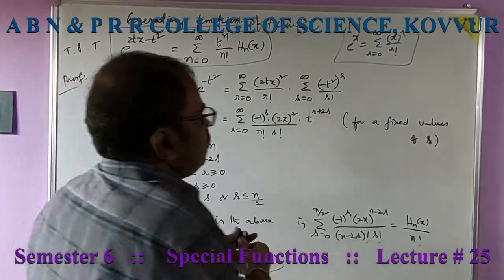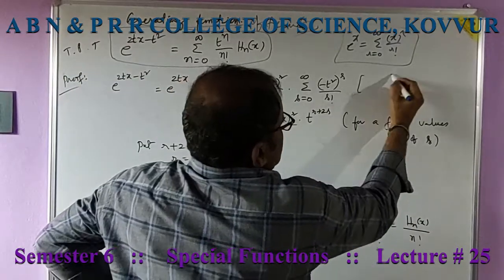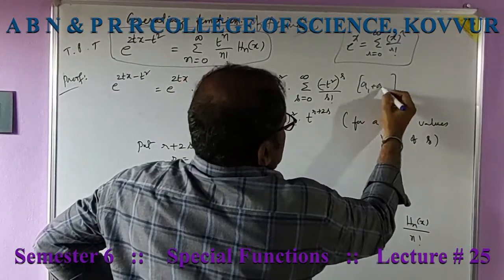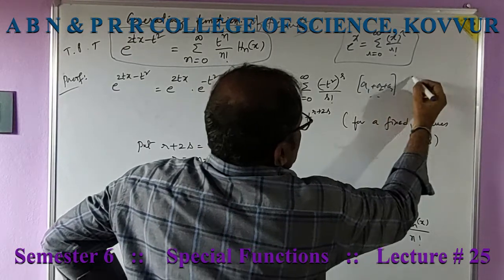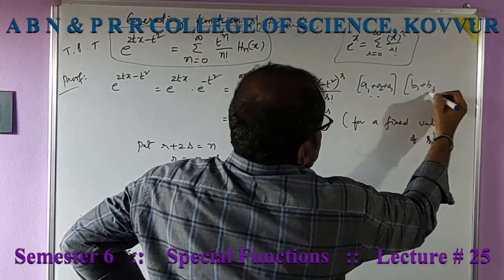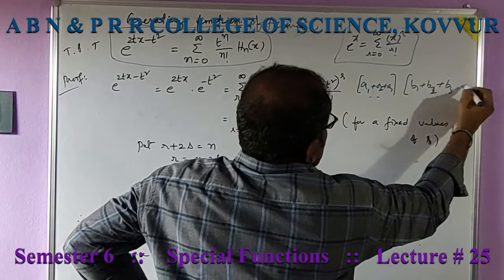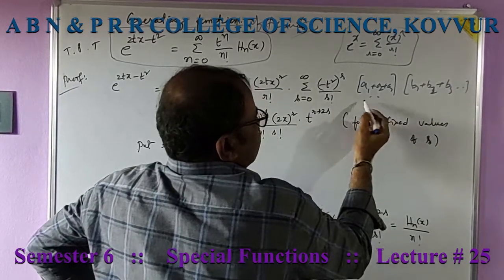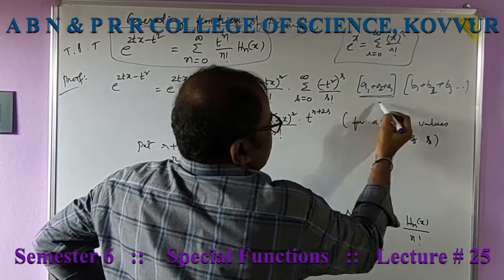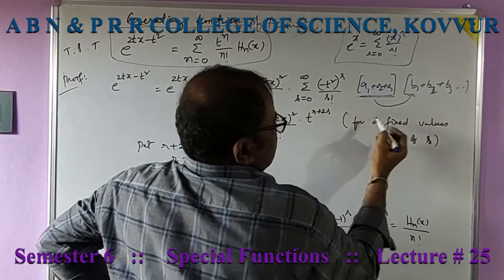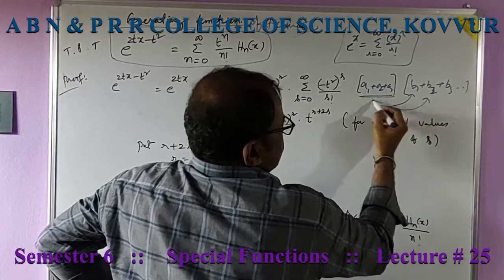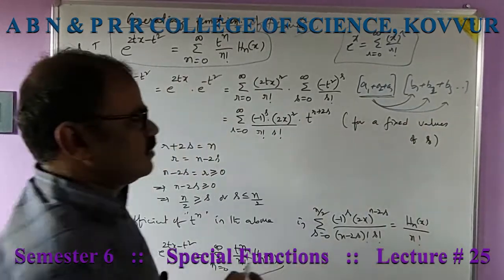In this summation, if we are to multiply two summations, suppose this is a1 a2 a3 and so on, and b1 b2 b3. First we multiply the entire summation with one term, next with the second term, next with the third term, like that.